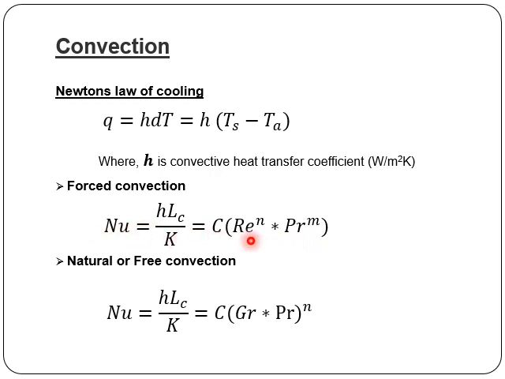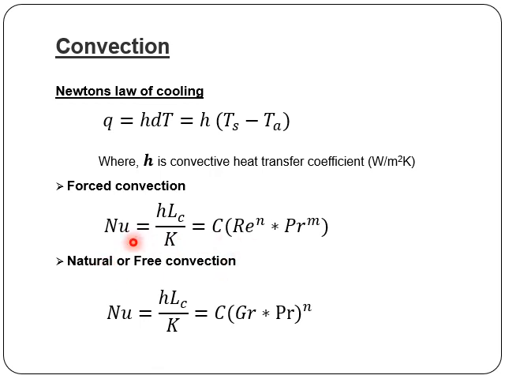So these three dimensionless numbers have a particular correlation, and using that correlation you can obtain firstly the Nusselt number. So Reynolds number is calculated, Prandtl number is calculated, and we know the values of C, n, and m. And using this correlation we can obtain Nusselt number, which is equal to h Lc by k, where h is heat transfer coefficient, Lc is the characteristic length, and k is the thermal conductivity of the fluid which is exchanging or removing heat from the surface.